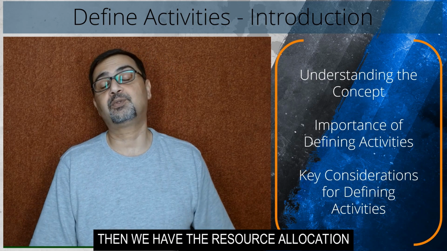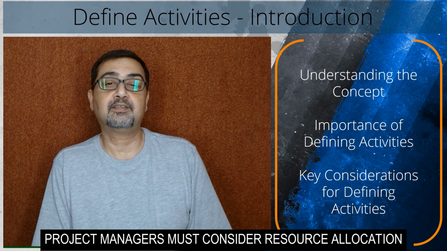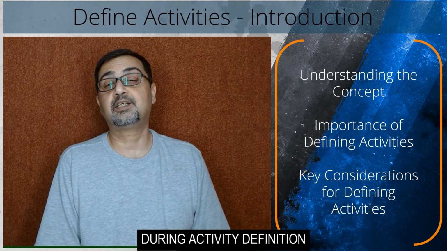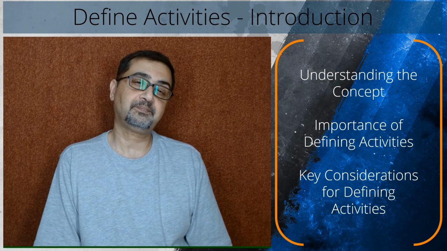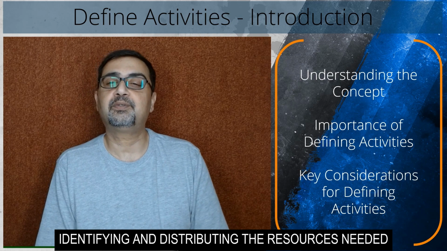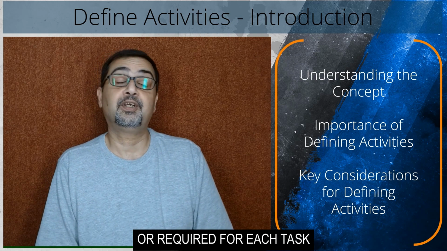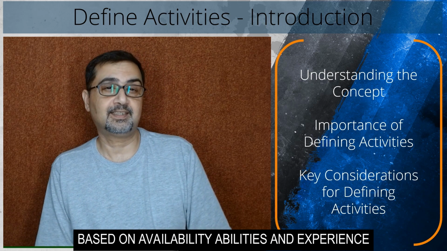Then we have resource allocation. Project managers must consider resource allocation during activity definition to enable seamless project execution. This entails identifying and distributing the resources needed for each task based on availability, abilities, and experience.